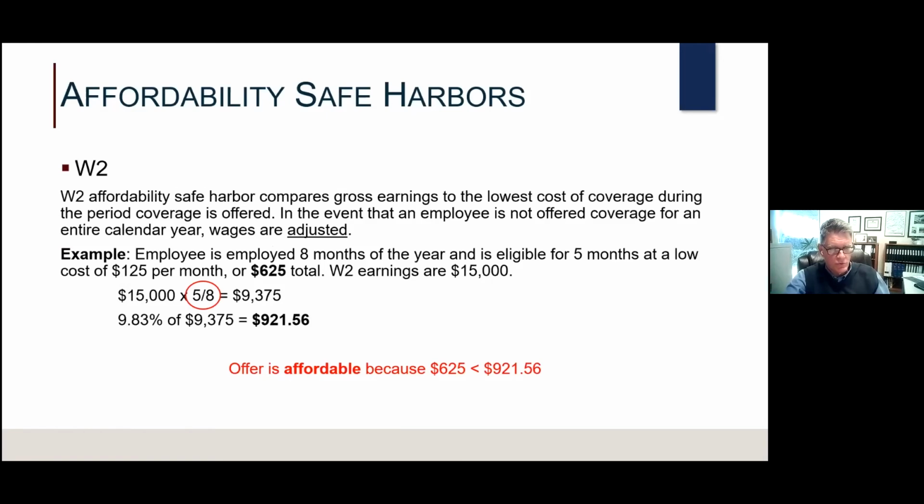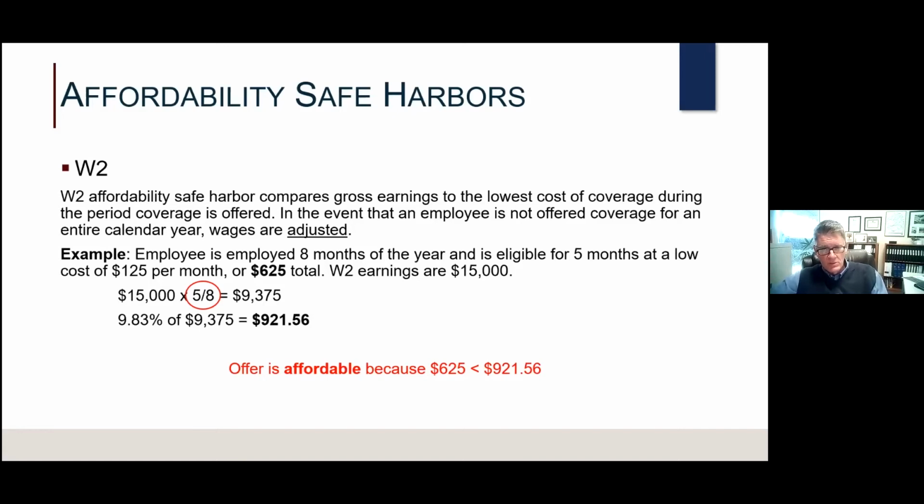Finally, we have W-2 safe harbor. This is a little bit more complicated because it takes into account the employee's annual gross earning number on their W-2, but that's adjusted. So if you have an employee that hasn't worked for you for the full 12 months out of the year, you have to adjust that W-2 number to account for the number of months that the employee is eligible for coverage and the number of months the employee works for you.